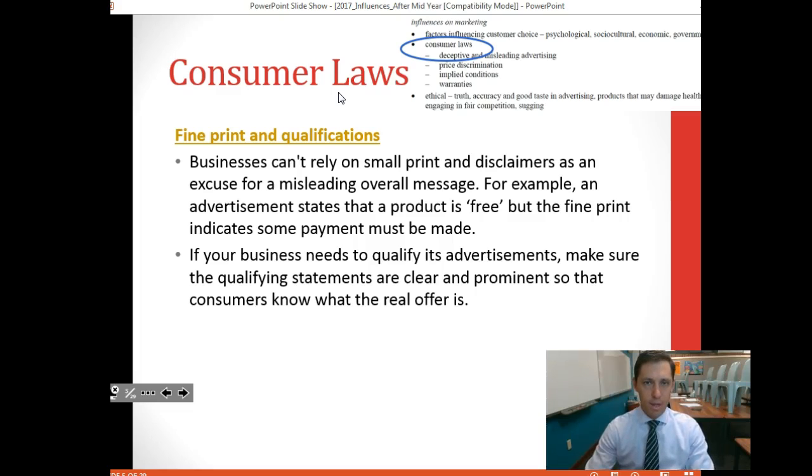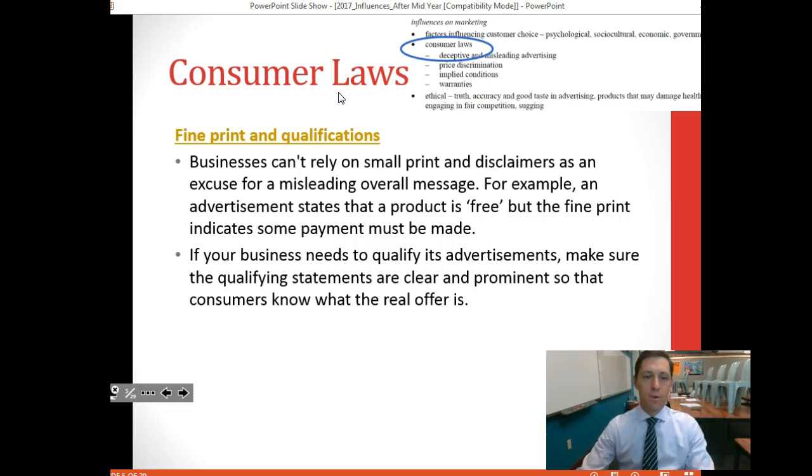For example, a marketing campaign can't say, take these Swiss multivitamins and you will sleep better, and then in small print say you'll only sleep better if you've done 3 hours of exercise that day. That is deceptive and misleading. Swiss have been accused in the past of similar misleading statements, not with the fine print, but just making claims that they could not substantiate. That can also be deemed to be deceptive and misleading.